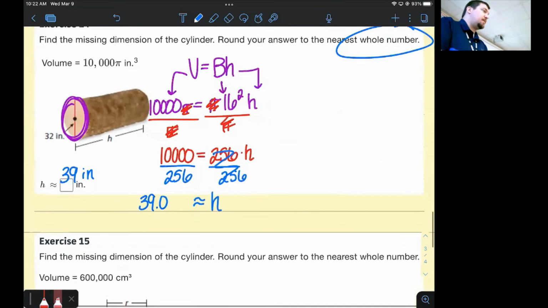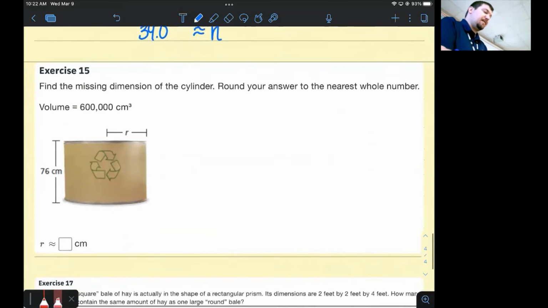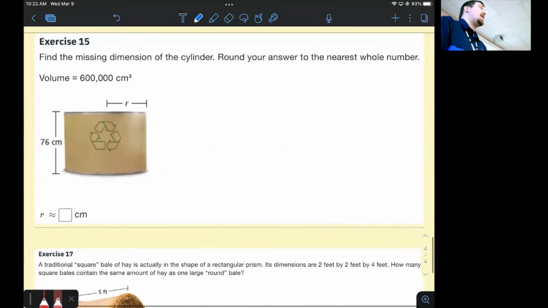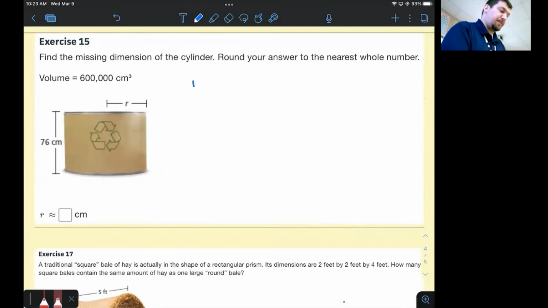Number 15 is a little bit different because instead of asking for the missing height, it's wanting the missing radius. Still use the formula V equals capital BH. And I'm still going to plug in pi r squared for my capital B. I just don't have anything to plug in for r because we don't know it.